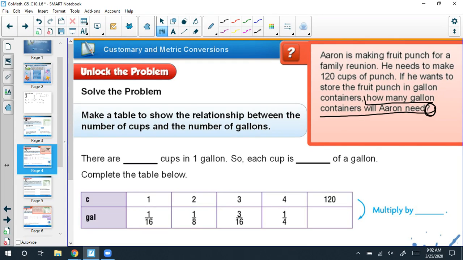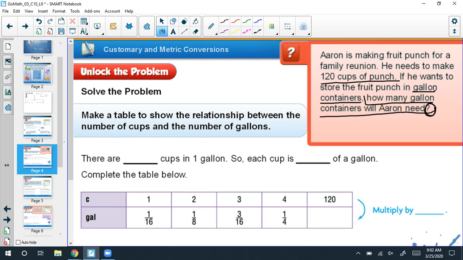I know that he wants to make 120 cups of punch. I also know that that punch needs to go into a gallon container. That's all of my important information in here. It's always important to identify the important information because sometimes there's extra information that we're not really going to need. But here we're going to need all of this information.